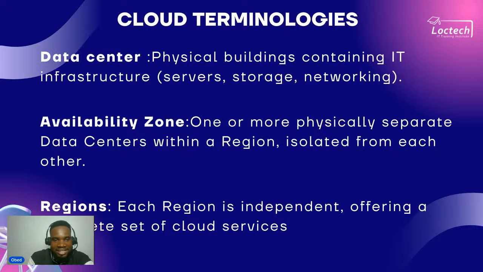A data center is simply physical buildings containing IT infrastructure. This infrastructure includes servers, storage, and networks. We have the availability zone, mostly called AZ for short. An AZ is comprised of one or more physically separate data centers. Say you have two data centers, one in location A and the other in location B. That is an availability zone.